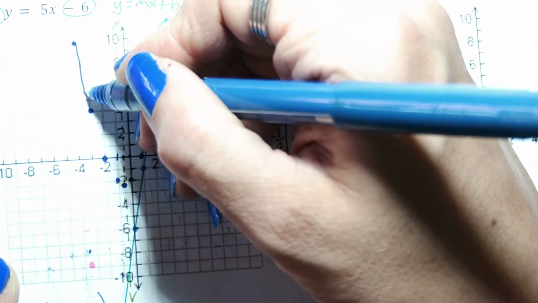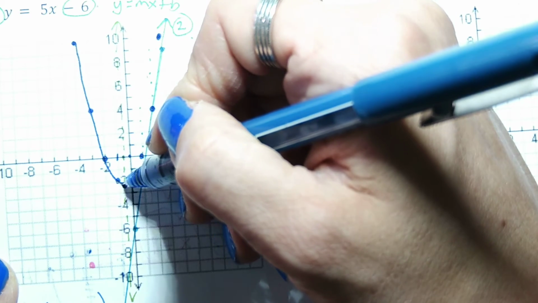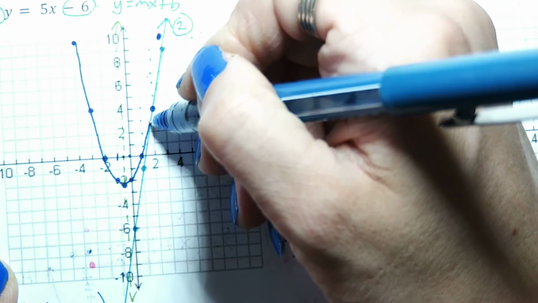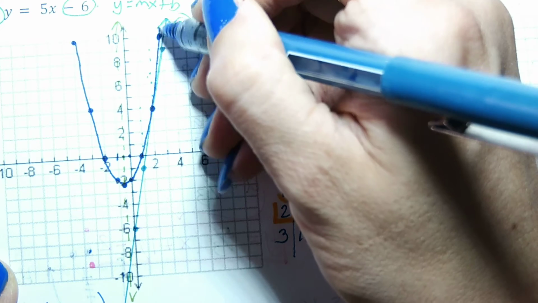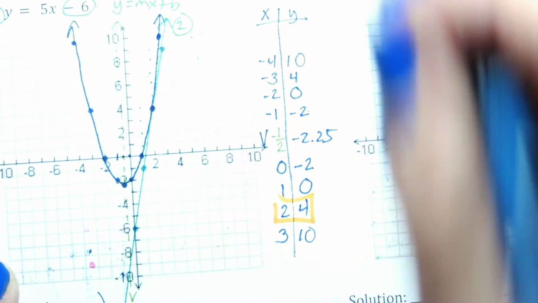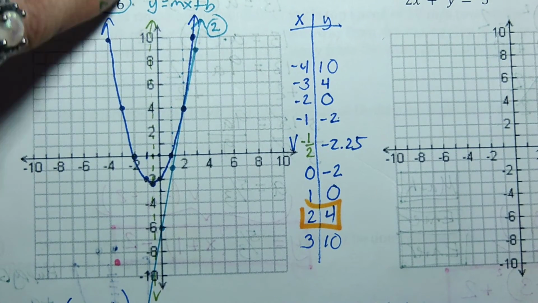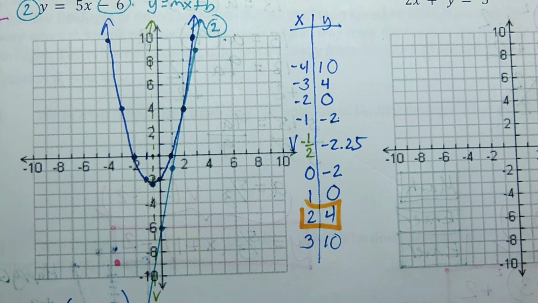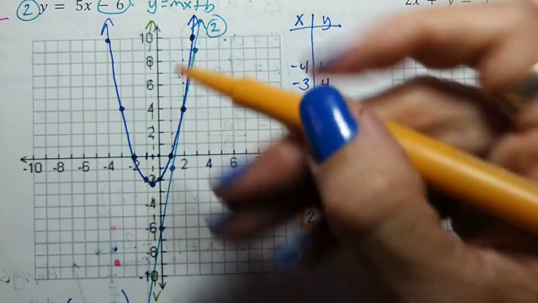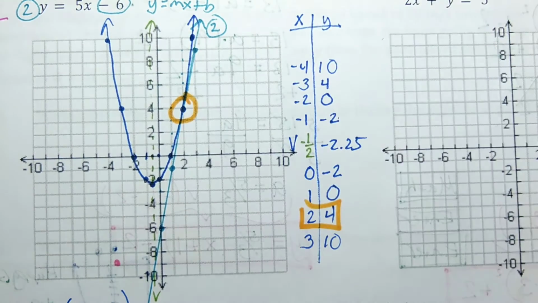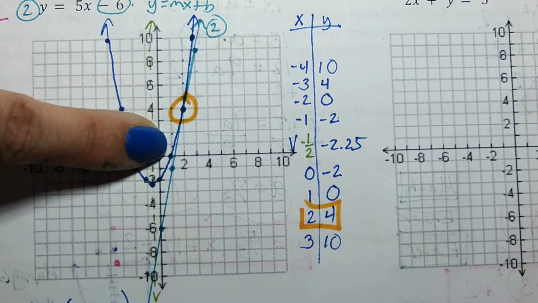So folks, as I swoosh through these to draw my quadratic, how many solutions do we have? Only that one. So it is only at that point the line is touching.